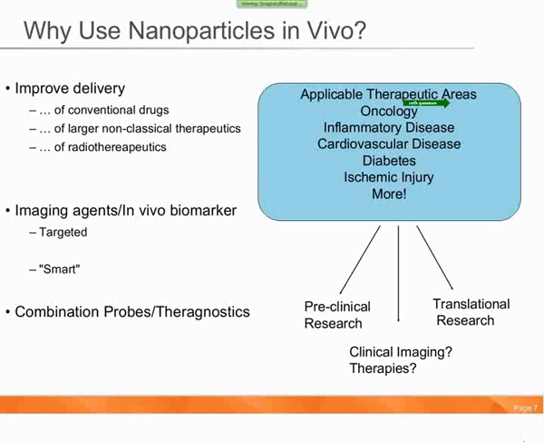So first, let's look at the first topic I talked about, which is how can nanoparticles help us with improving the delivery of drugs to target sites, and how can molecular imaging help you validate that delivery? In 2009, this group was interested in creating liposomes in the nanometer range of sizes for improving delivery of a variety of drugs.